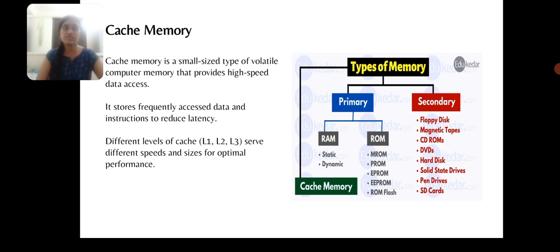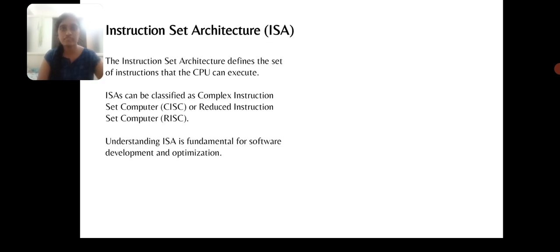Here you can see the types of memory. In primary memory, RAM and ROM take place, and besides primary there is also secondary memory. RAM and ROM are classified into different types, and secondary memory is also classified into various types.